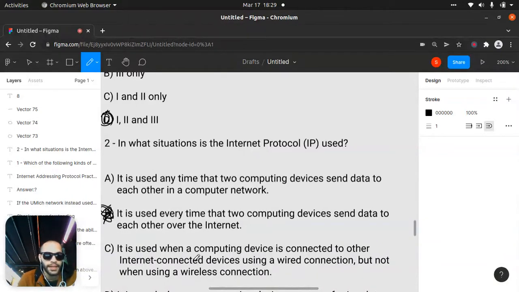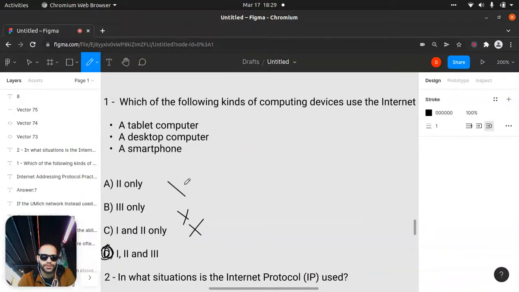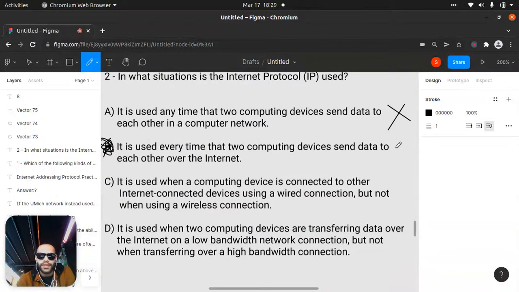The answer is that. So this one is not true, I don't believe. Let's put the other ones as wrong.